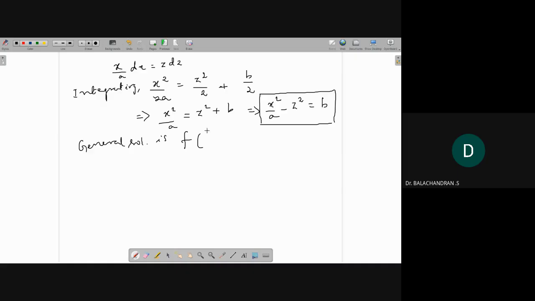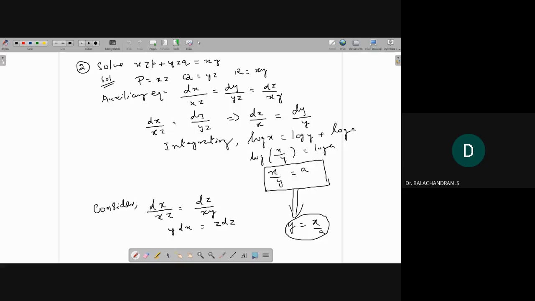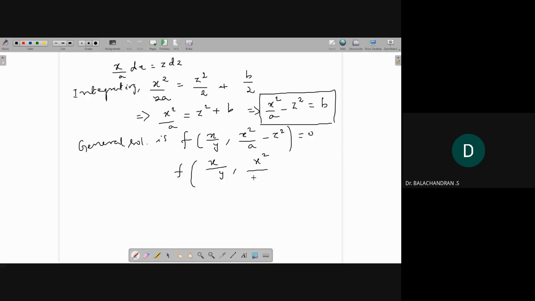So u is x by y. Please check it. The v is x square by a minus z square equal to 0. But again, for a, you need to replace a equal to x by y. So x square by (x by y) minus z square is equal to 0.